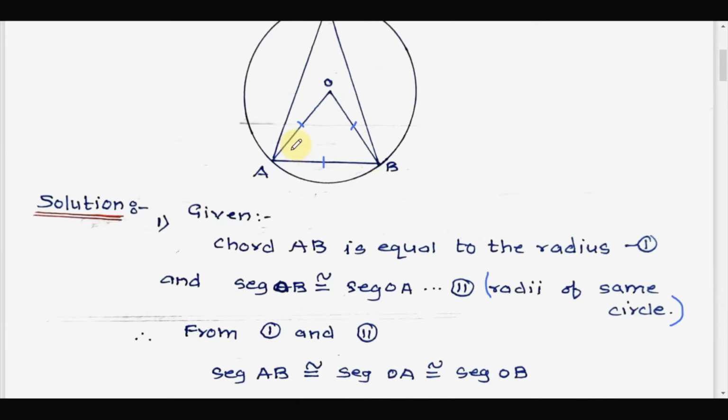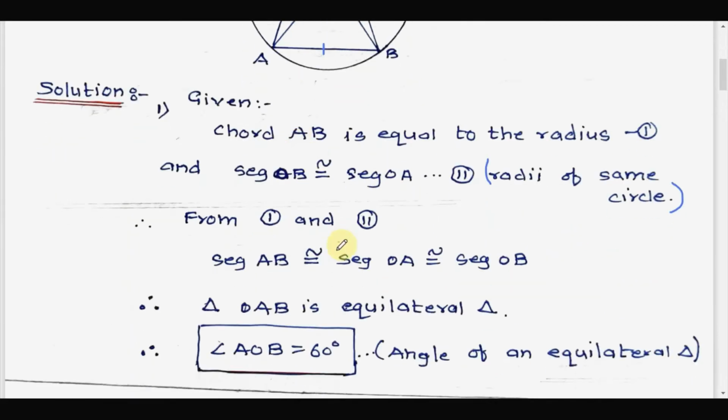Yes, it is 60 degrees. So triangle OAB is an equilateral triangle, and each angle is 60 degrees. So angle AOB is equal to 60 degrees. That is the angle of an equilateral triangle.